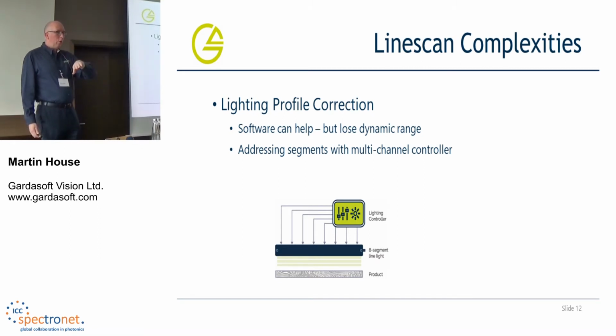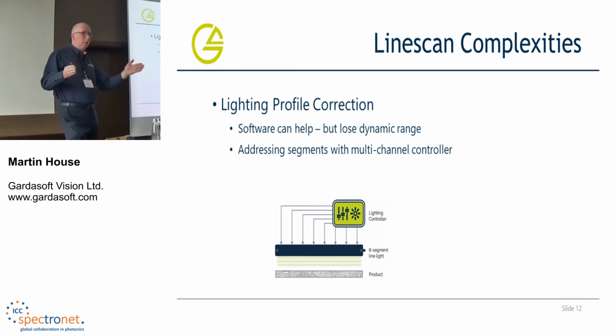You could use software to try and normalize your lighting, but you lose the actual benefit of the light. Far better to actually control the light. So it is possible to address the individual segments in your illumination for your web inspection to make sure that each segment is behaving how you want it.